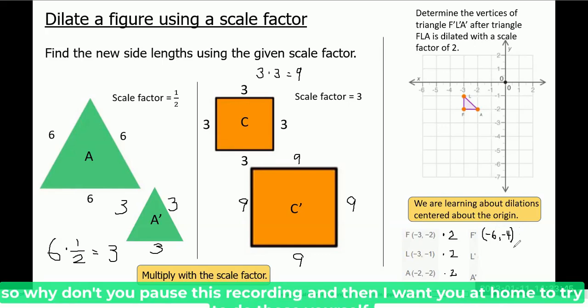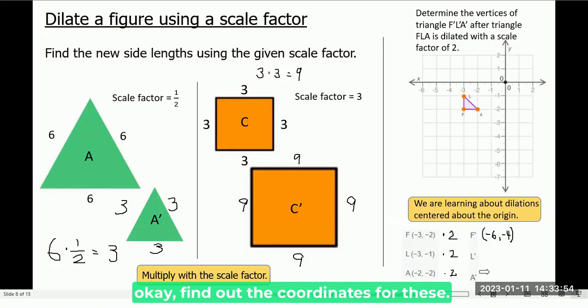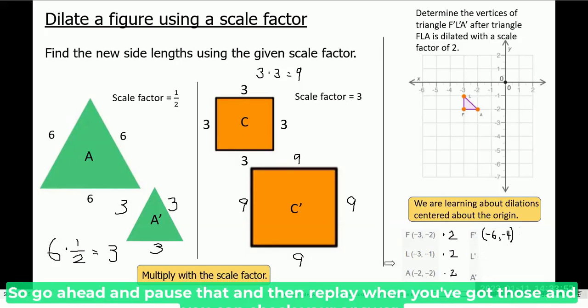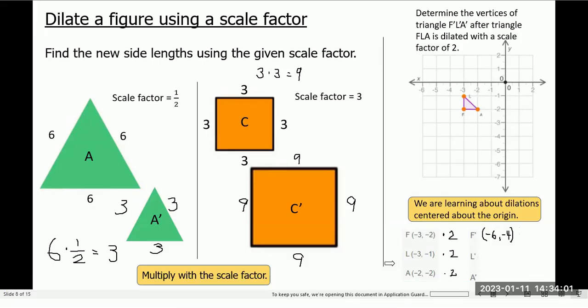Why don't you pause this recording, and then I want you at home to try to do these yourself. Find out the coordinates for these. Go ahead and pause, and then replay when you've got those, and you can check your answer.